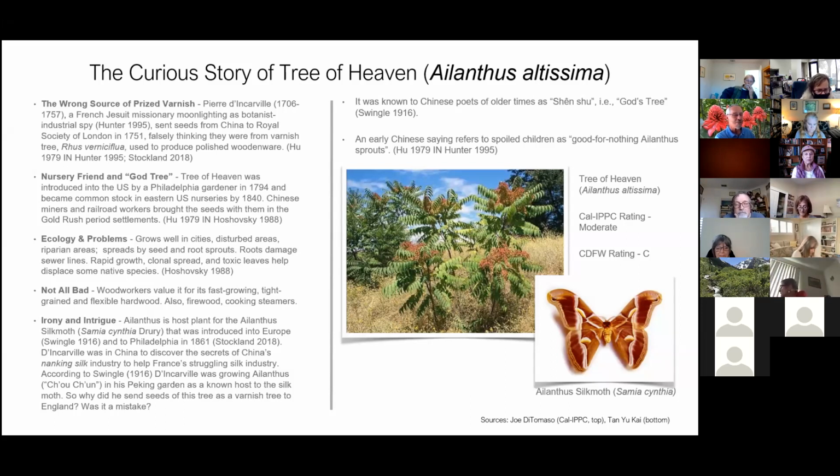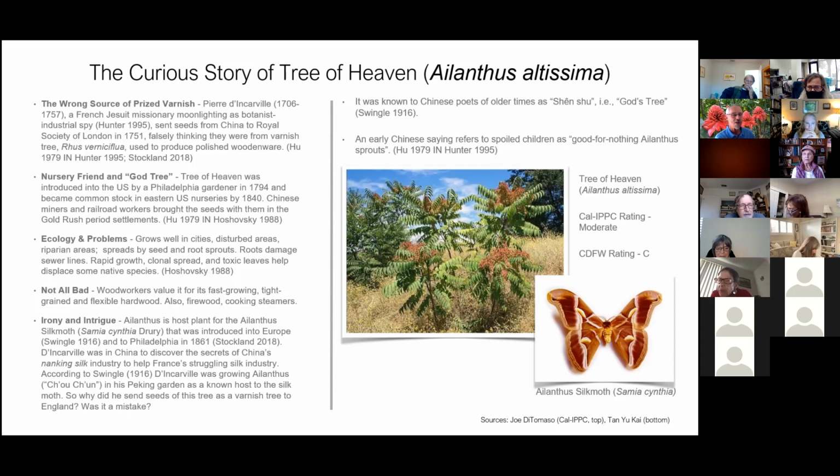And curiously, it spread all over Europe and was found to be this fantastic tree for urban areas because it grew so well in the polluted urban cities of Europe.